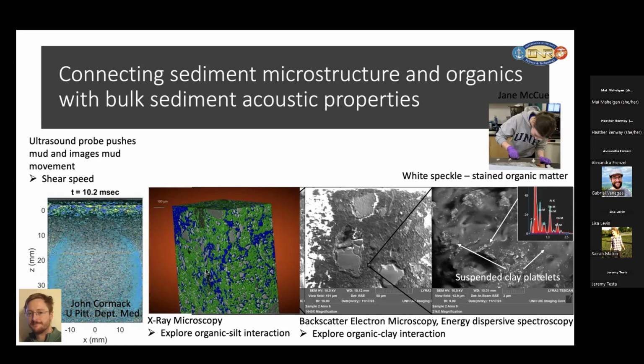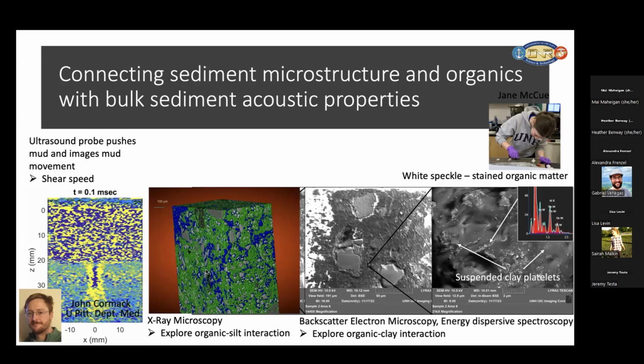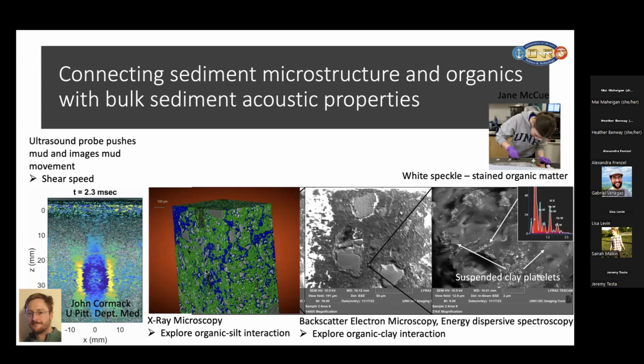Then we use the same probe to image the Doppler, the motion of these particles in time. It manifests itself in a shear wave that propagates out, so you can actually measure the shear speed of a mud and relate that to microstructures.